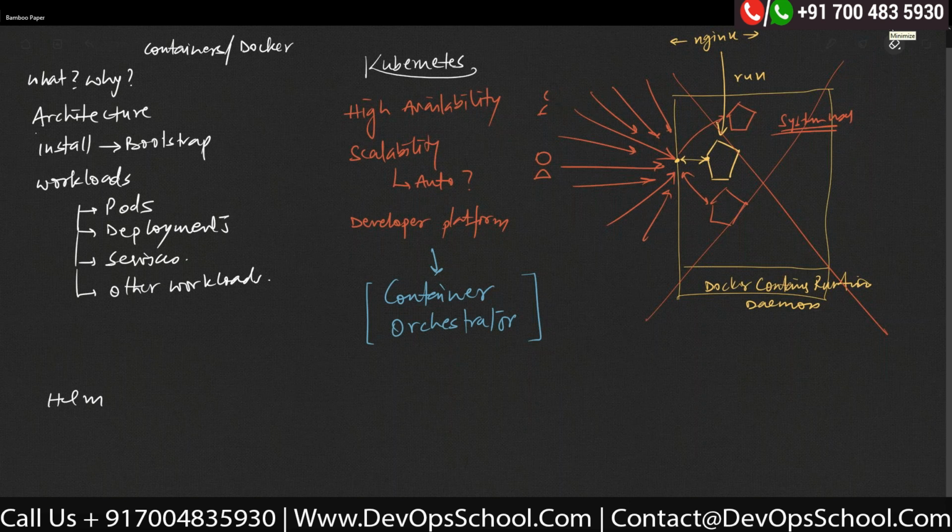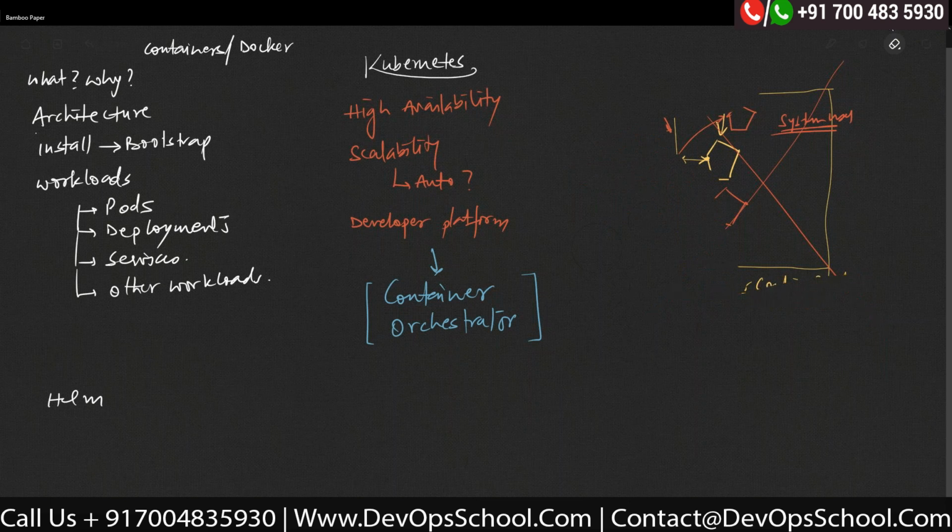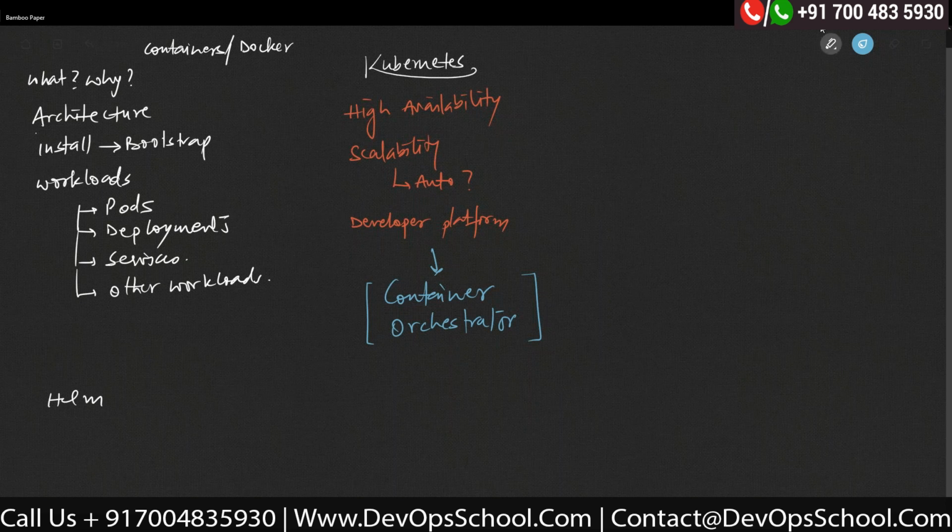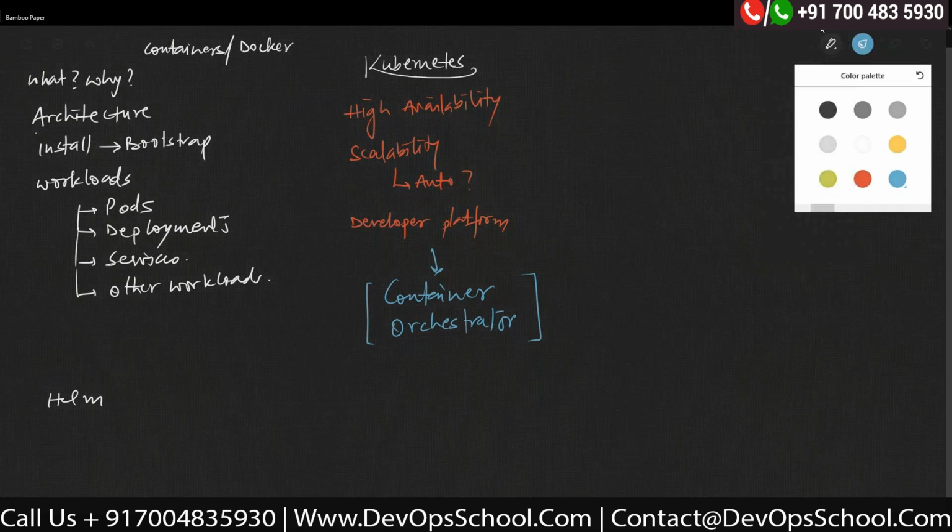I'll get rid of this image because this is of no use now. So how does a generic container orchestrator work? Not Kubernetes, a generic container orchestrator. Let me take a white pen.